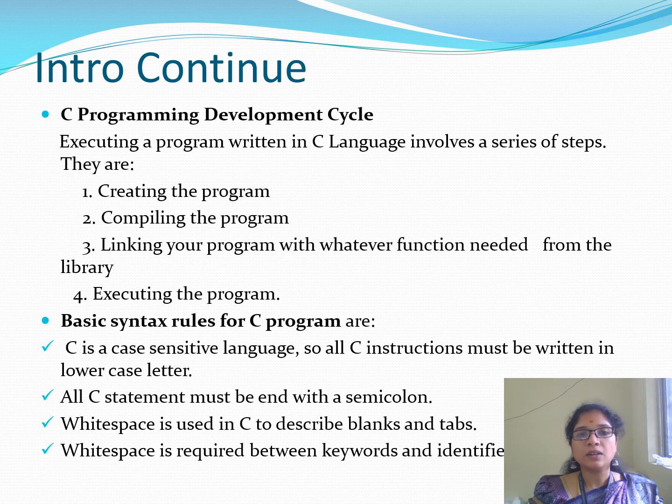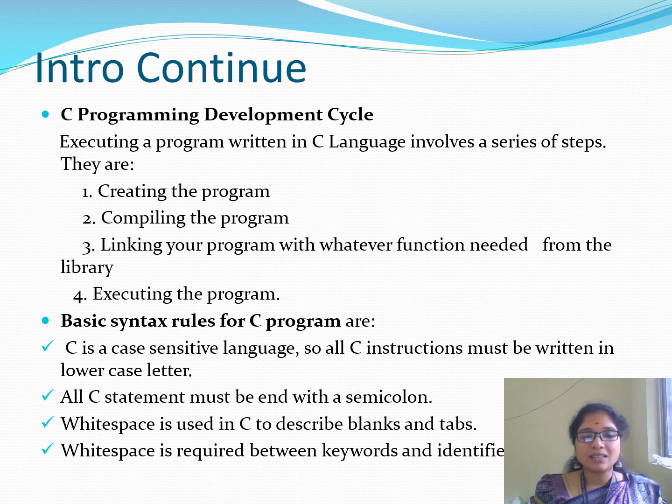The next thing is how we are going to develop a C program. It is a step-by-step process. The first step is creating the program with the help of Turbo C. We can type the program on that platform. Then compiling the program.